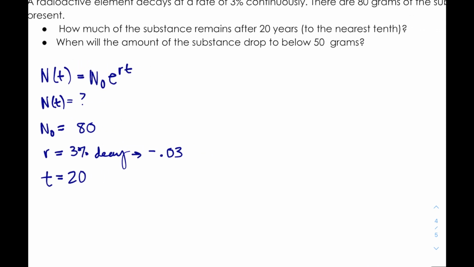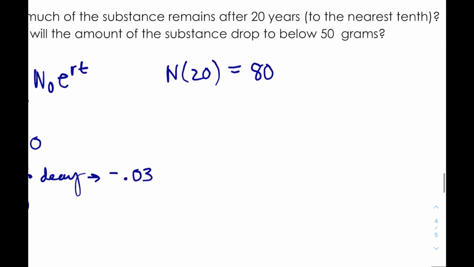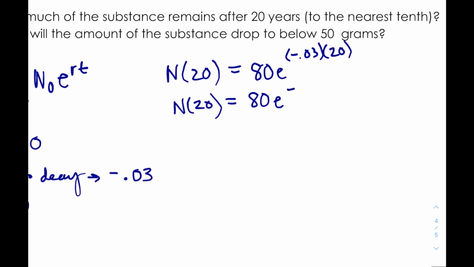So let's plug everything in. I don't know how much I have after 20 years. Remember, it's a function of time. I'm starting with 80. e to the rate is negative 0.03. The time is 20 years. Okay, and this is just a calculator problem. I don't have to use any algebra skills to simplify anything or solve for anything because my unknown is already on a side by itself, right?